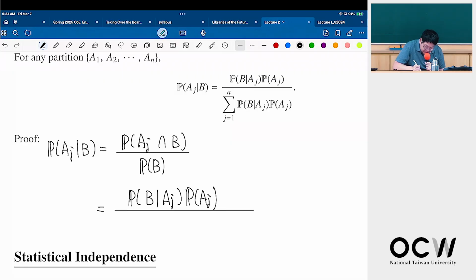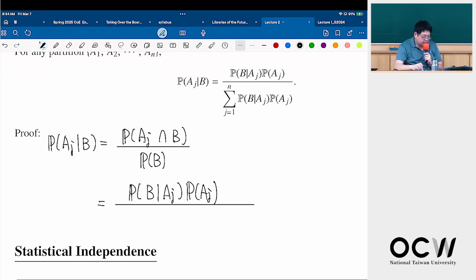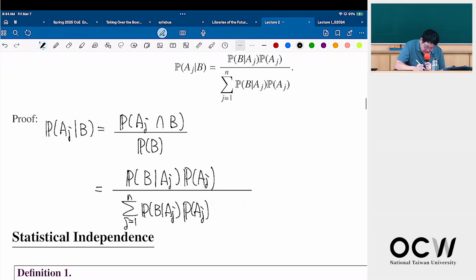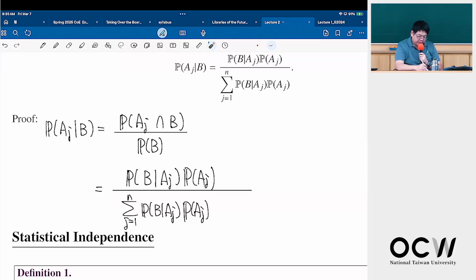And for the probability of B, since A1 to AN are a partition, using the total probability law, we have the sum of the probability of B given AJ times the probability of AJ, J from 1 to N. Later on, we will use this concept in some questions, and we will discuss it more.